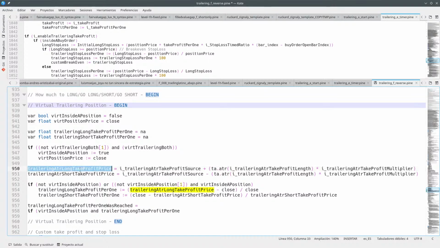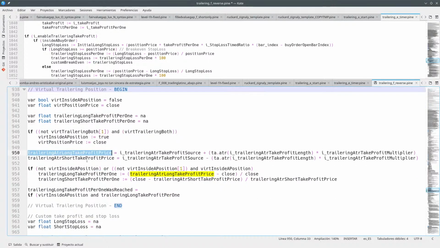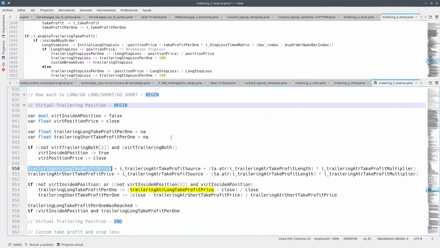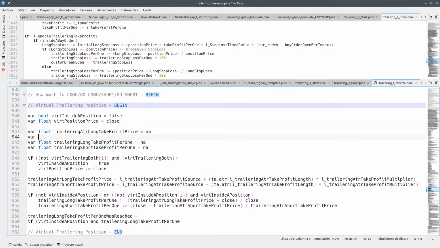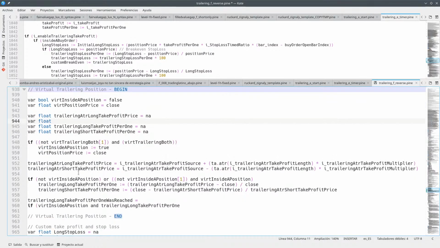I mean this thing as TMP if you want to. Yeah, that's what I'm going to do. So this is going to be a new variable which we are going to have here, bar float. That way everything is going to be much easier to implement, if you ask me. Okay, so this is going to be an A.